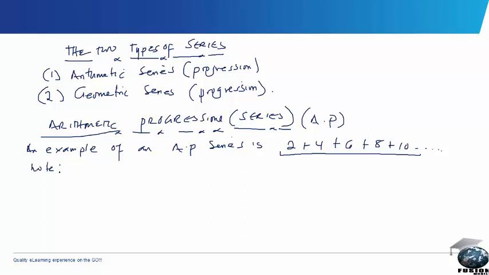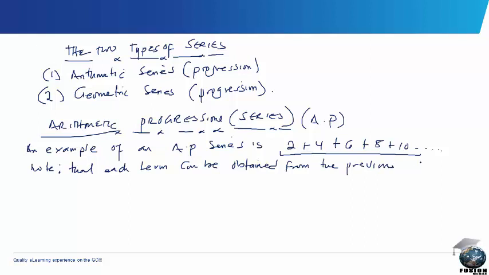Note number 1: each term can be obtained from the previous term by adding a constant digit.